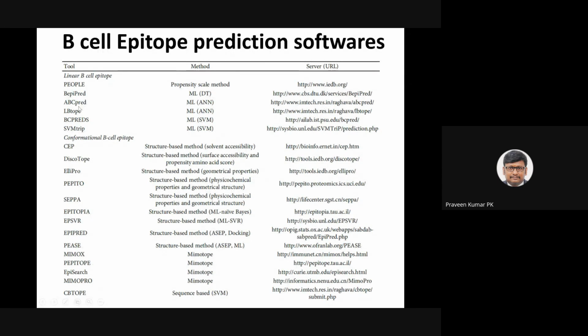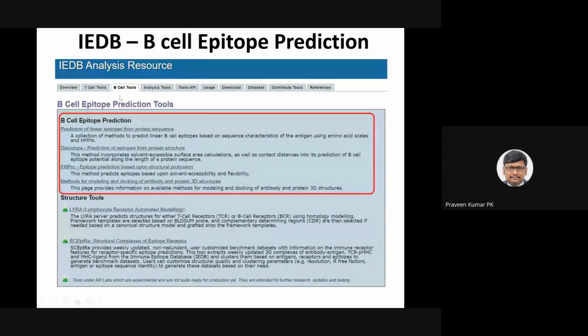They also developed this kind of B cell epitope prediction tool, a website developed by Raghava's group. If you see these B cell epitope prediction tools, we have options for prediction of linear as well as discontinuous epitopes.